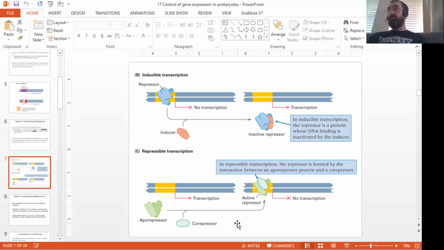It could be an ion even, right? It could be something as simple as that. When that is present, it binds to the aporepressor, and essentially it changes its shape a little bit. So now it's able to recognize its bit of DNA to bind to, and it binds to the regulatory region and stops transcription.